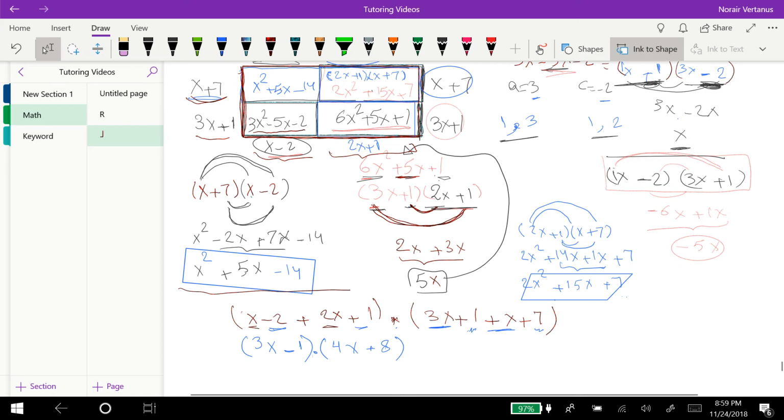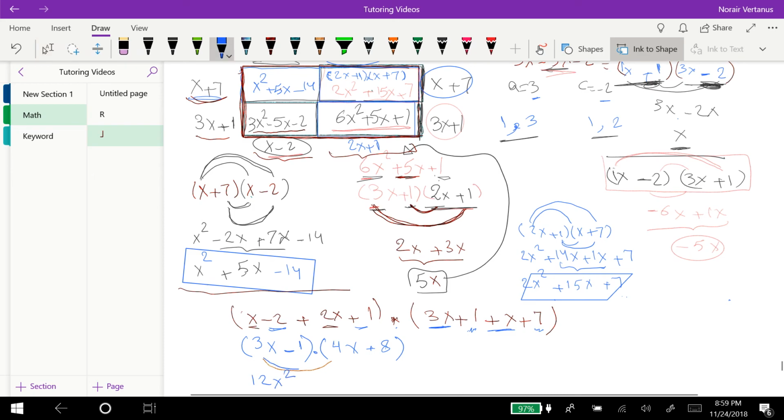If you want to make that in sum form, what are we going to do? I'm just going to FOIL it. This times this, and then this times this, then this times this. Let's do it again. This times this, it's going to be 3x times 4x, which is 12x squared.